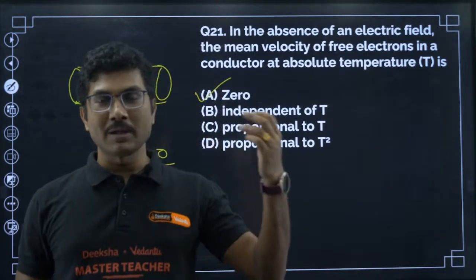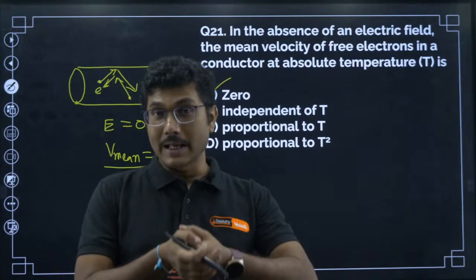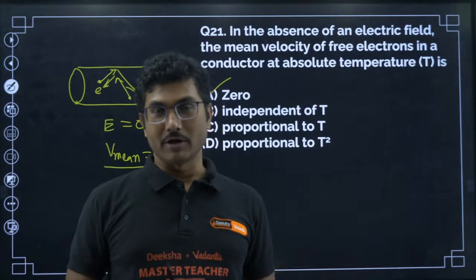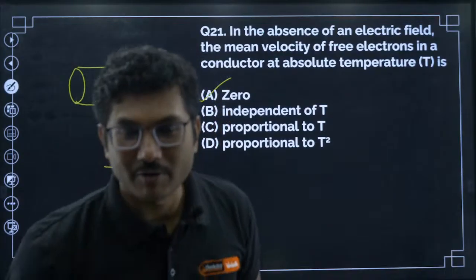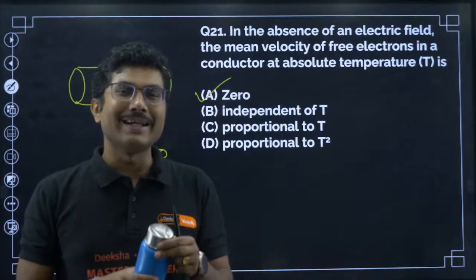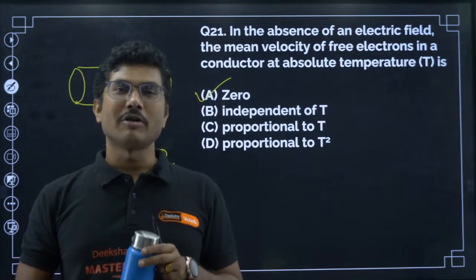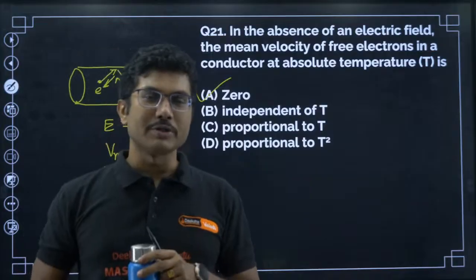If you take a normal copper wire not connected to any electric field supply, you don't get electrocuted. Suppose I am drinking water from this metal bottle, a steel bottle. I am not getting any electric shock. Why? The mean velocity of the electrons of this bottle is 0.